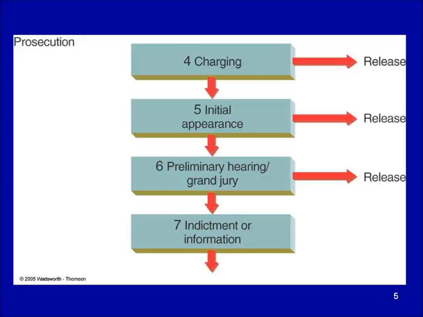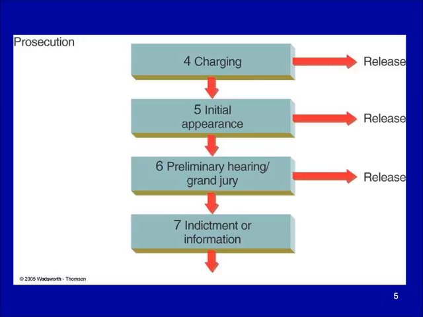Because the police officers are putting in charges, but it's up to the prosecutor to decide what charges will be filed. So the officers may say, I'm arresting you for attempted murder, but you may not be charged with attempted murder. You may be charged with aggravated battery once it gets through the prosecutor. So this happens at the initial appearance, where you're formally told what the charges are against you. Okay?